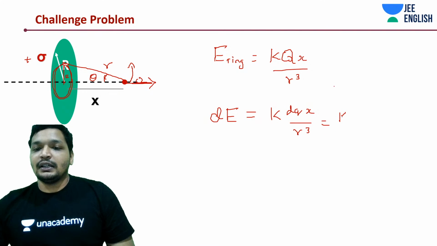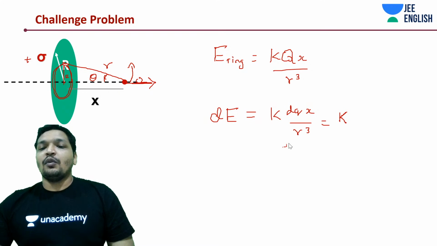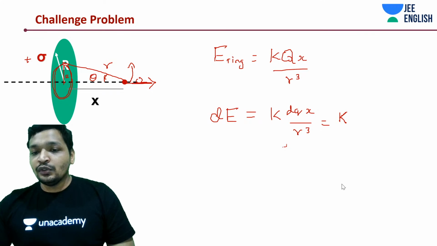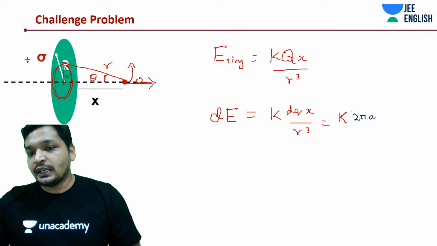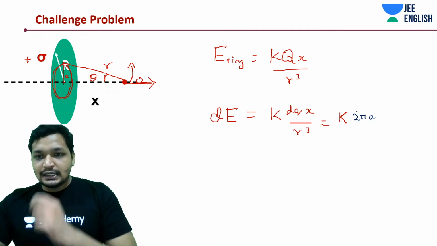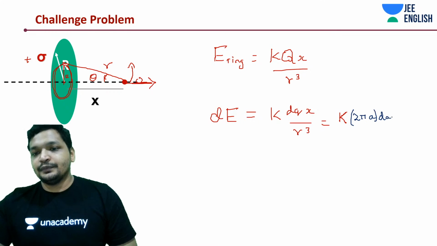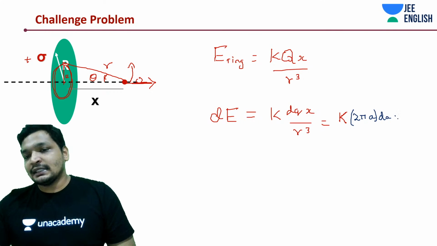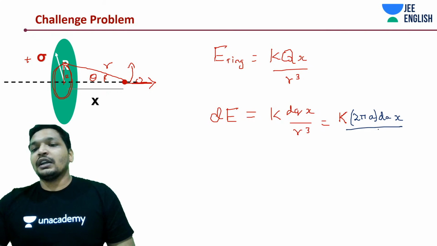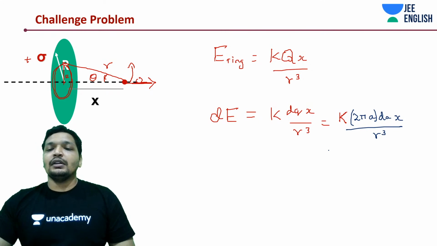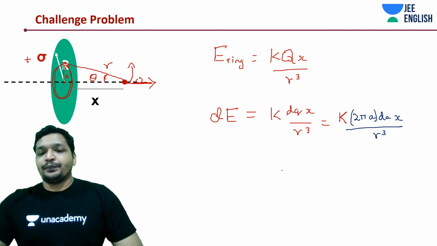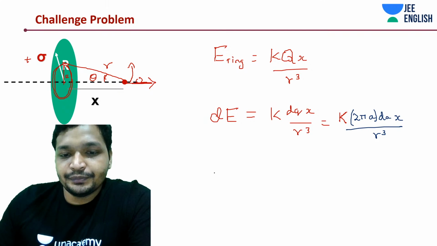Write it down. What is the value of dq? 2 pi a, perimeter times radius dA. What is x? x is x. What is r cube? r cube. I'll tell you why I'm keeping it as r cube. Now let's write it down.